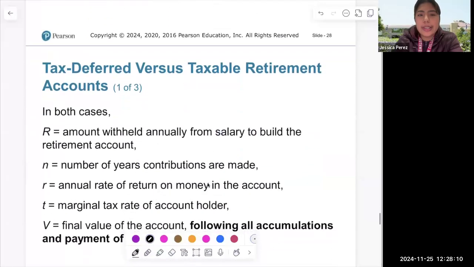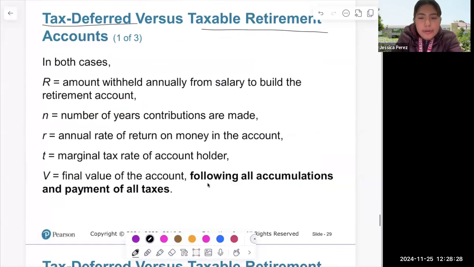There are also tax deferred versus taxable retirement accounts. There are two different ones. In both cases, R is the amount withheld annually. N is the number of years. r is the annual rate of return. T is the marginal tax.